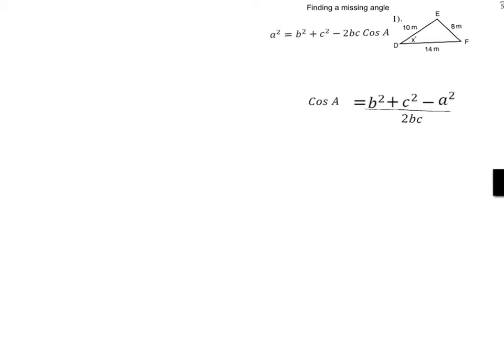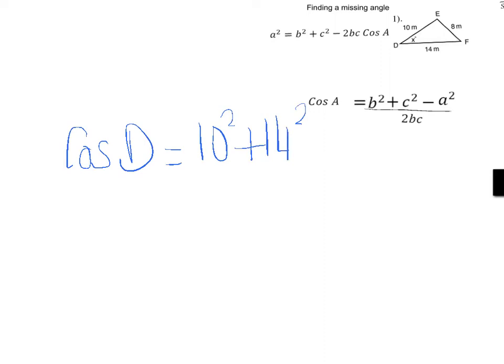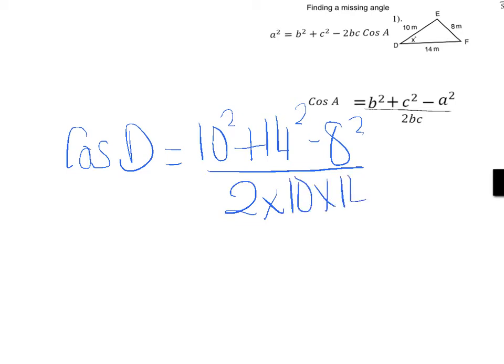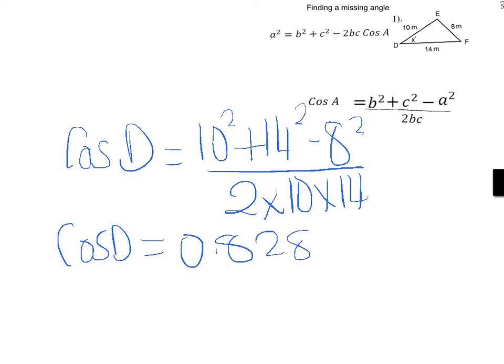So cos, and for this example, it's cos D equals 10 squared plus 14 squared minus 8 squared, all divided by 2 times 10 times 14, which gives us a cos D of 0.828574.